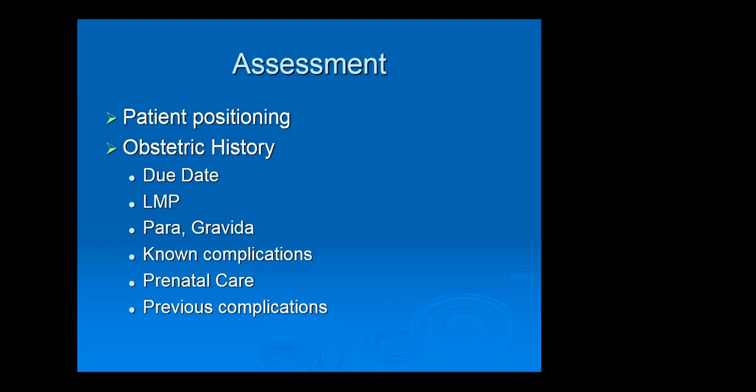Then you want to know known complications. Have they been told they have a complicated pregnancy or delivery? Have they been to the doctor recently and know there is some type of congenital defect with the child that needs to be addressed? Do they know the child is breech? Do they have some kind of medical condition that may complicate the pregnancy from the mom's aspect?